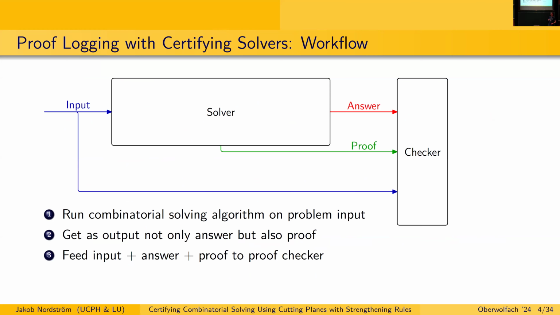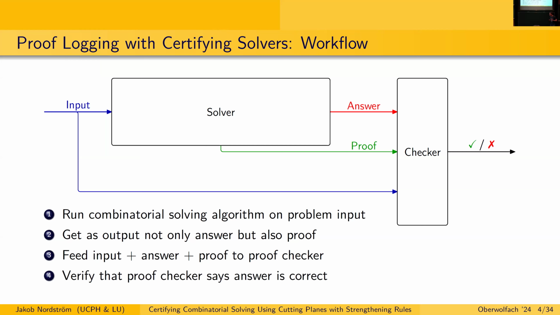And then you take your problem instance, your input, your answer and your proof, and you feed it to a special checker. And Killian is smiling because you can see the checker box is so much smaller than the solver box. It's a really simple checker because the proof is in some simple format, and we just run the checker. And if it says that everything seems fine, then we really know that this result will work.